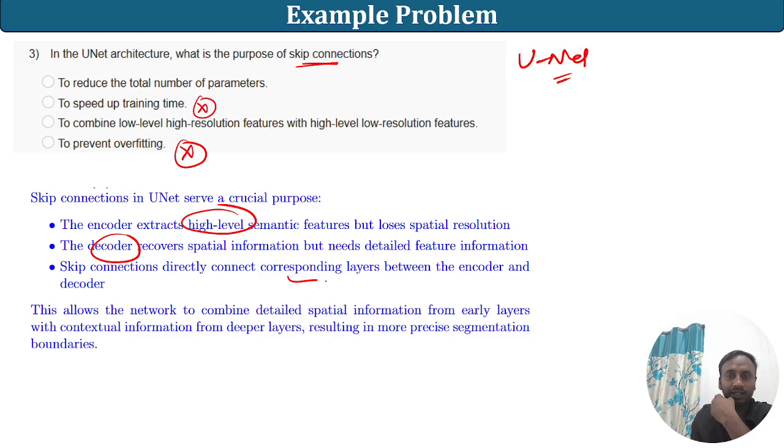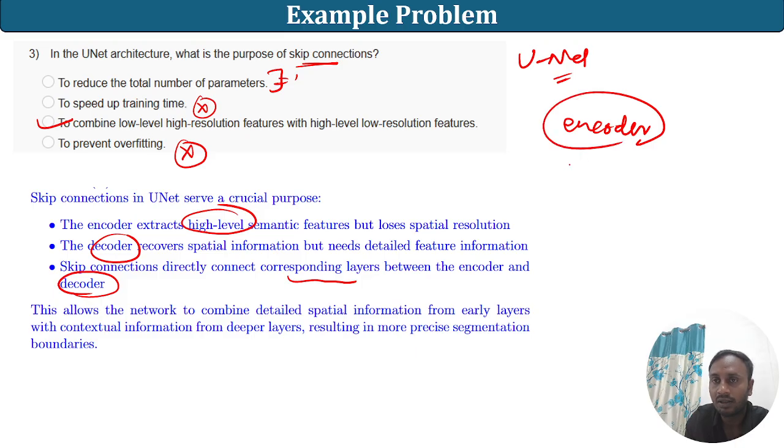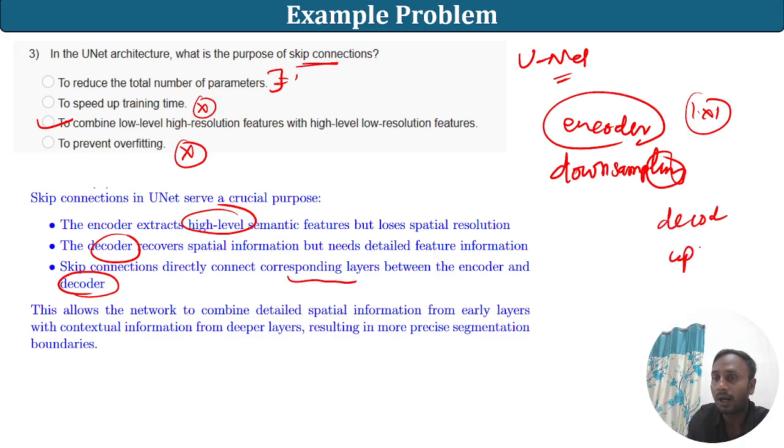A skip connection directly connects the corresponding layers between the encoder and decoder, so it combines low-level with high-level features. In segmentation there is no point in reducing the features. In the first half, the encoder, we do downsampling, then we use one-by-one convolution, and in the decoder we do upsampling.